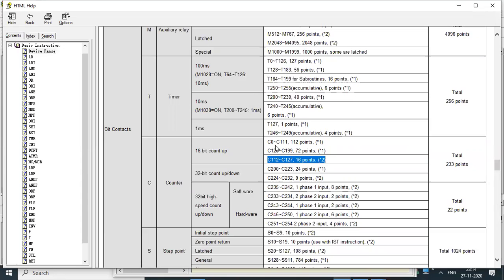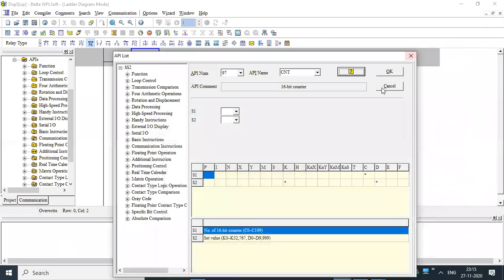Right. So let us see here. C0 is unlatched, and C120, which we used in our example program, is a latched counter. Suppose I take C0, which is unlatched.